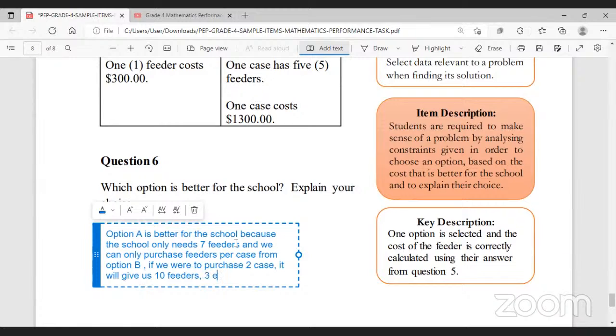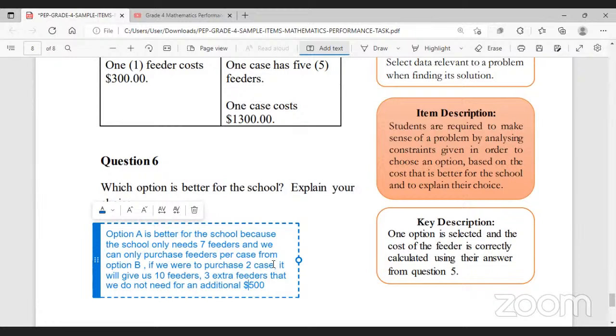3 extra feeders that we do not need for an additional $500. Because as I said, it would be 2,600 to purchase the 2 cases. So we can actually put it here.